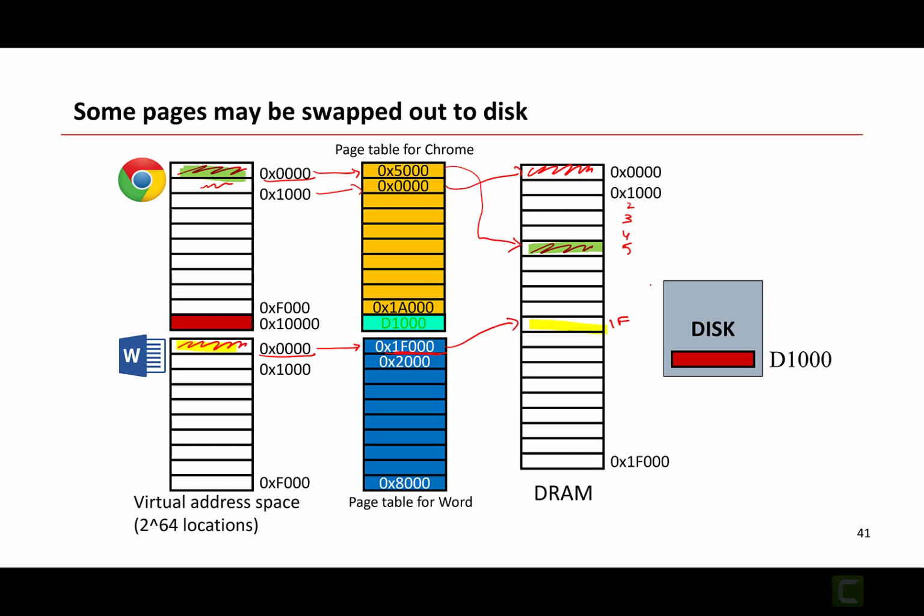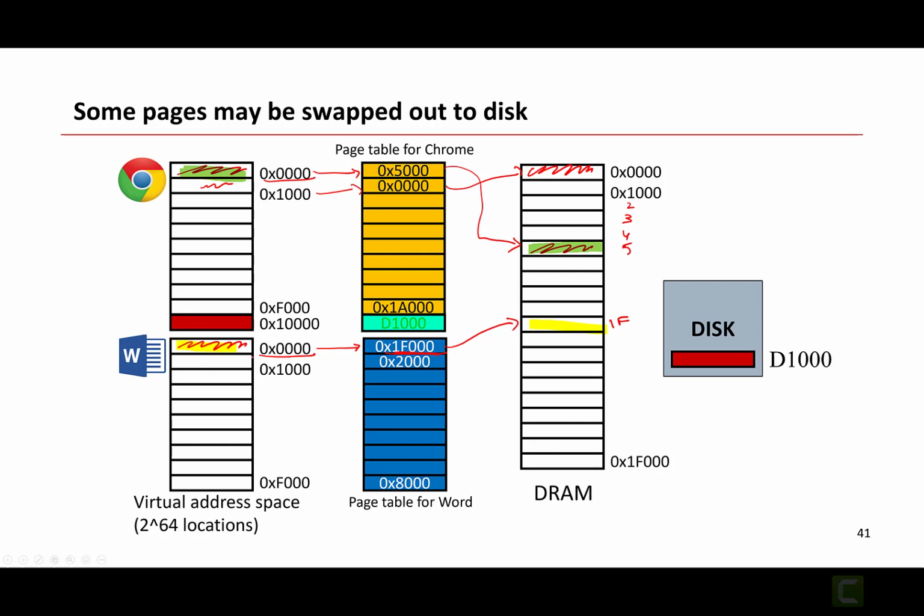So this example illustrates that the virtual address 0 for Chrome is stored in physical page 5. The virtual address 0 for Word is stored in a different physical page in main memory. The way the operating system keeps track of all this is by allocating a different page table for individual processes.